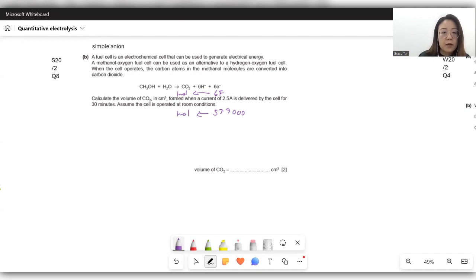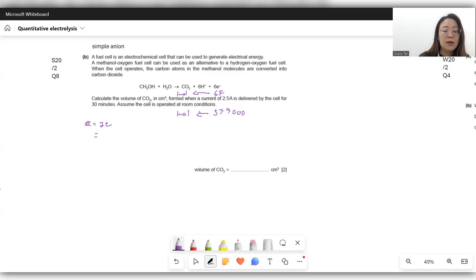Correct? Now, let's calculate the actual case in your experiment using Q equals IT. How much quantity of charge have you passed? Whatever we've been doing just now is to find out theoretically, according to the equation, how much quantity of charge is needed. So we have calculated 579,000 to give one mole.